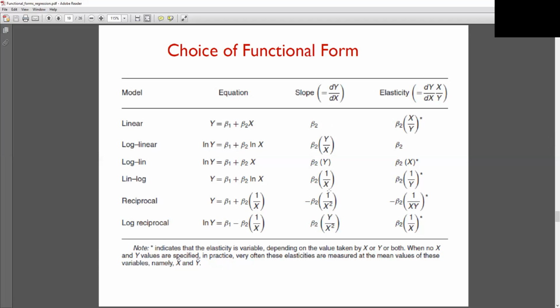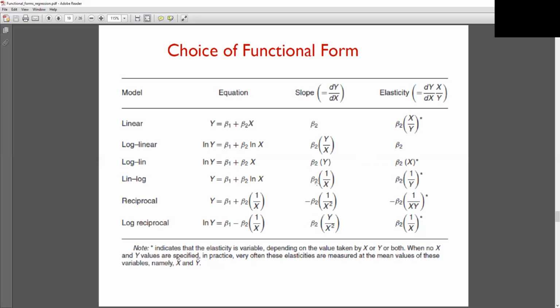In the case of LIN-LOG, for the slope, after getting beta 2, then beta 2 into 1 upon x, you'll be getting here. Manually, you can calculate slope, right? If you're not doing it manually, if you're using an Excel function, you can easily obtain slope.